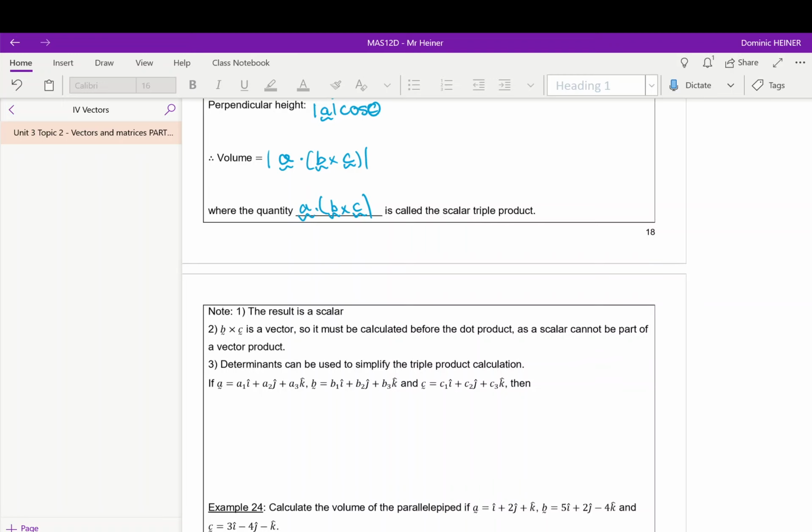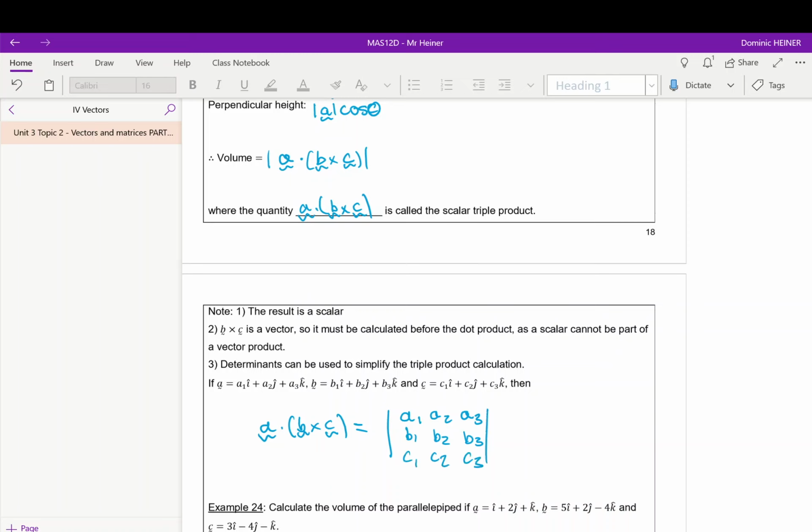So if we have A, B, and C, then A dot B cross C is equal to the determinant of A1, A2, A3, B1, B2, B3, C1, C2, C3.